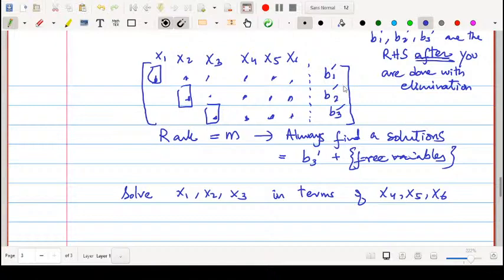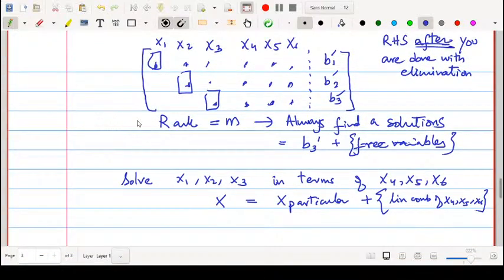And these are just constants, b1, b2, b3. These are just numbers that will appear on the right-hand side. So your solution will look something like x particular plus some linear combination of x4, x5, x6, right? These are my solutions to Ax equals b, when I have a full rank matrix.